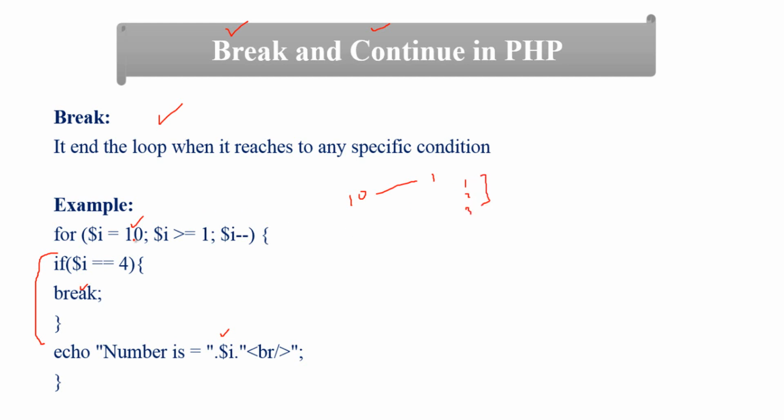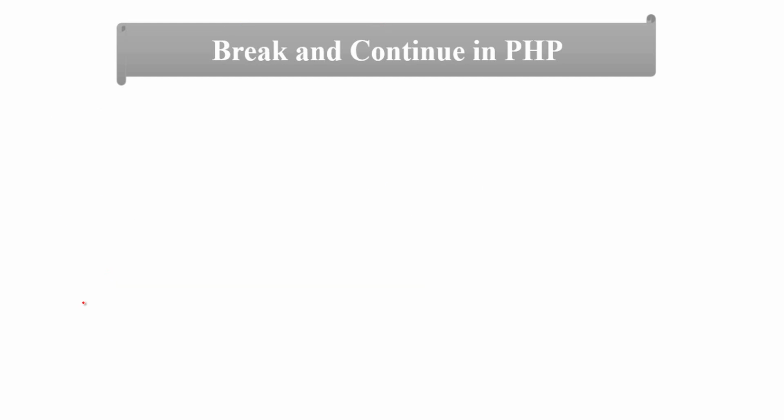In this case, 10 to 1, the numbers 10, 9, 8, 7, 6 and 5 will be displayed. 4, 3, 2, 1 will not be displayed, because I created a condition in which I said that when the I value is equal to 4, you have to break the loop. So this is the break keyword.